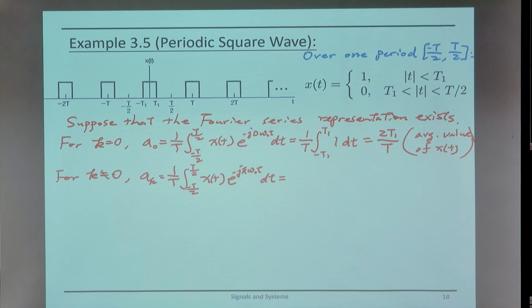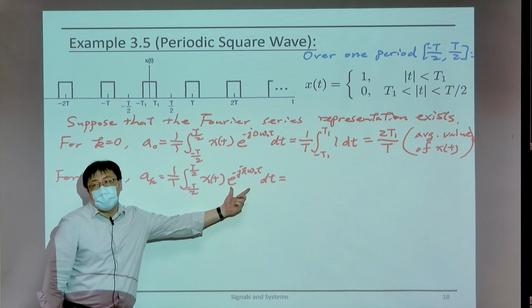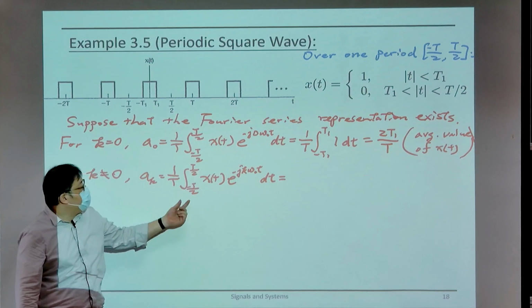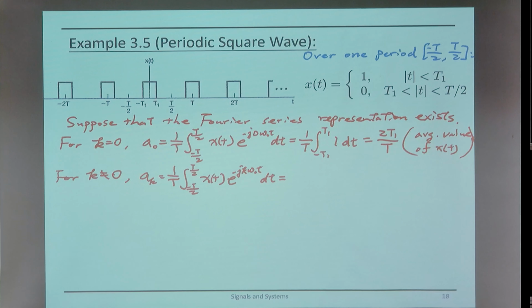So I'm essentially just integrating this complex exponential from minus t1 to t1. If you work this out, this will give you 1 over minus j k omega naught e to the minus j k omega naught t, evaluated from t1 to minus t1.